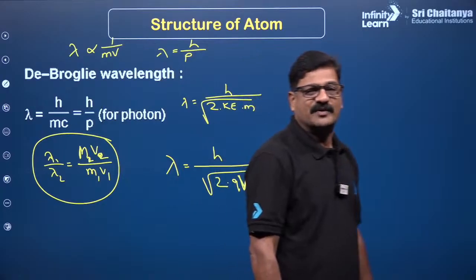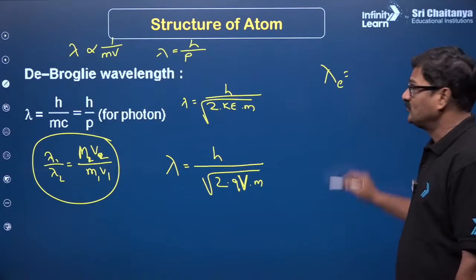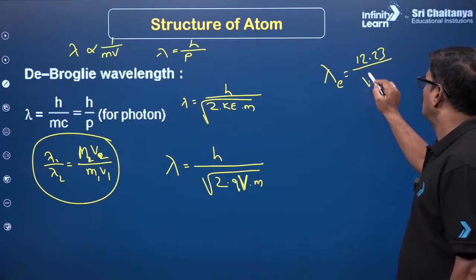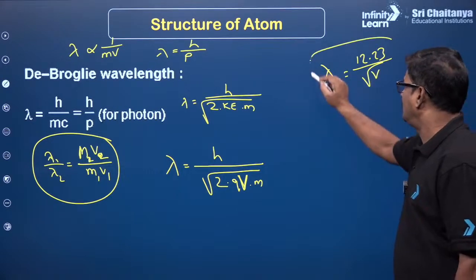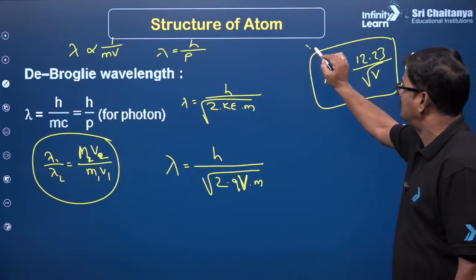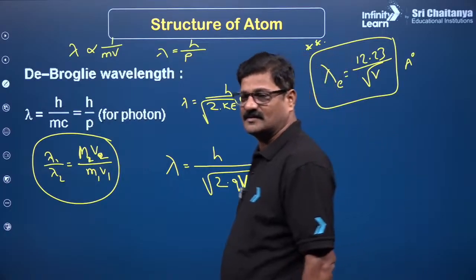That's very important. So the wavelength of the electron is given as 12.23 upon root voltage, and using this formula you are going to get angstrom units. This is a very, very important formula as far as de Broglie is concerned.